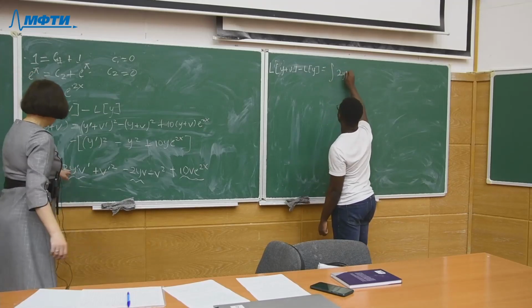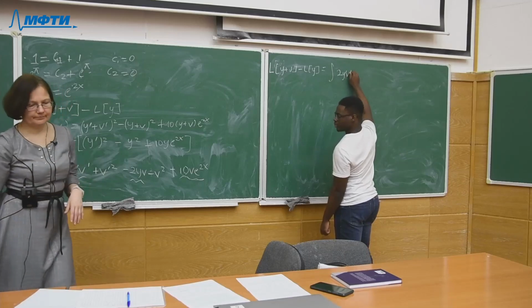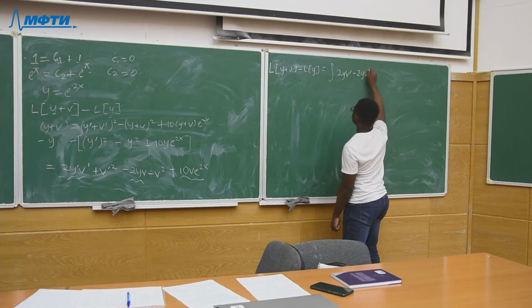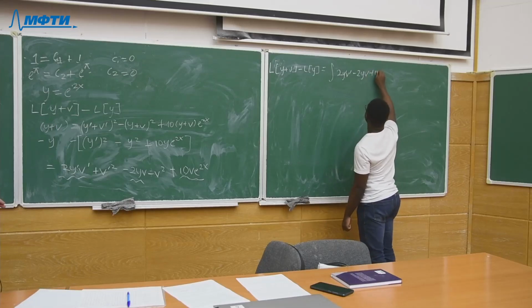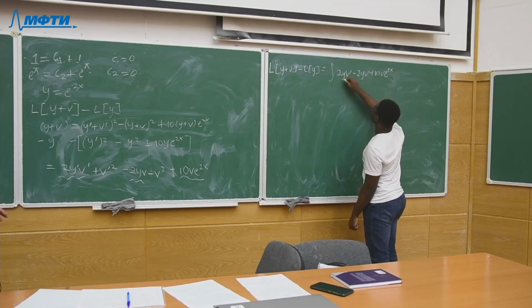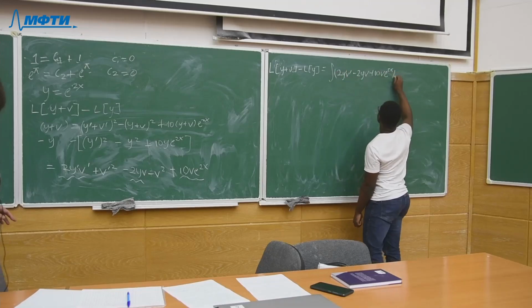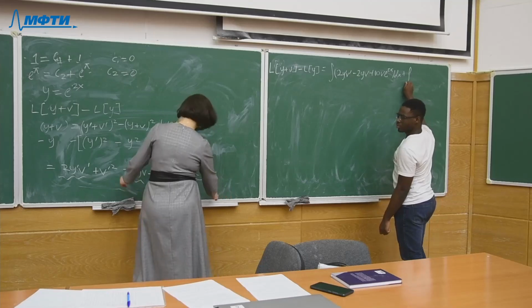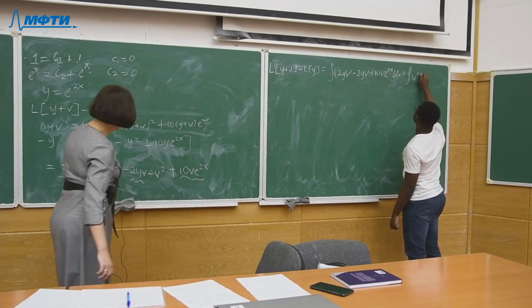So 2y prime v prime minus 2yv and plus 10v e to 2x. This is the first part. And the second part will be v prime squared minus v squared.